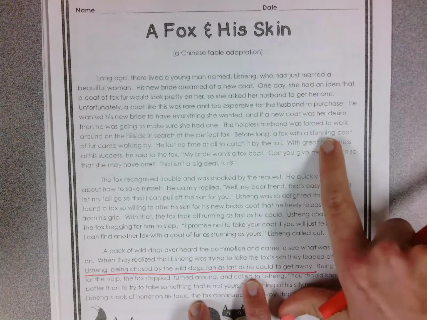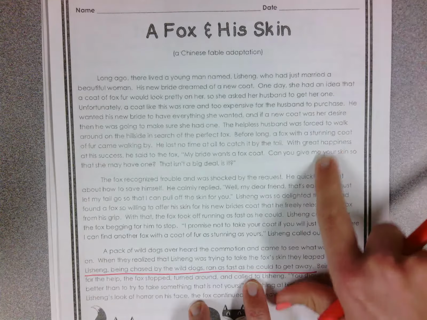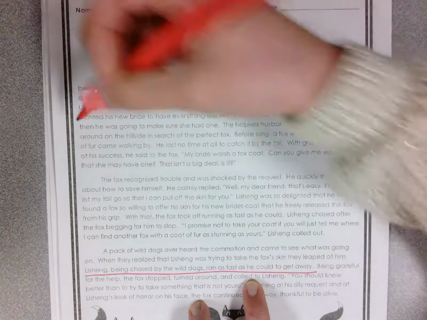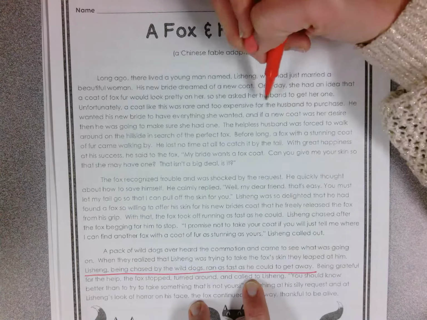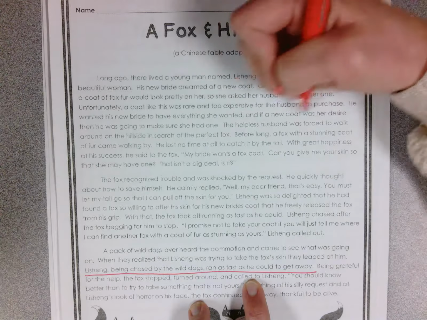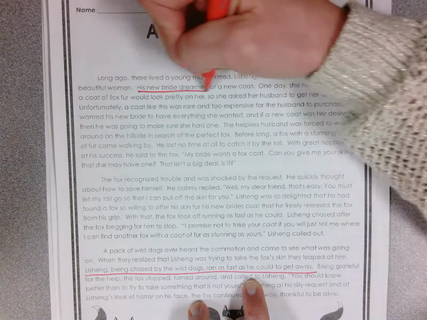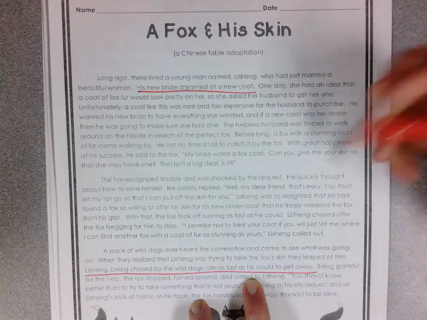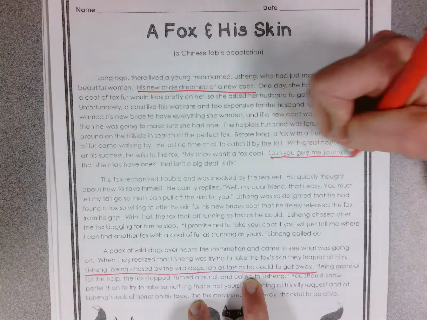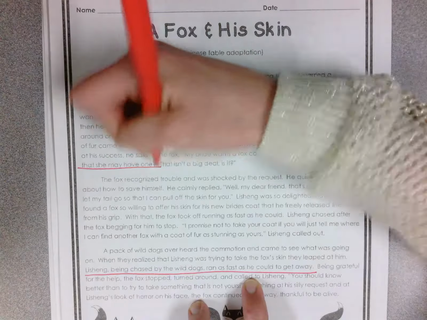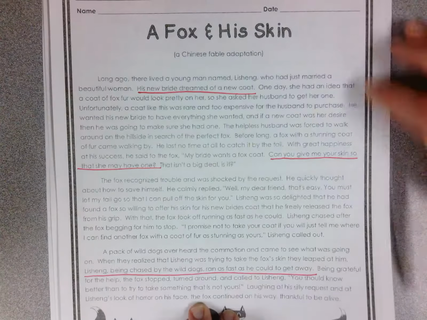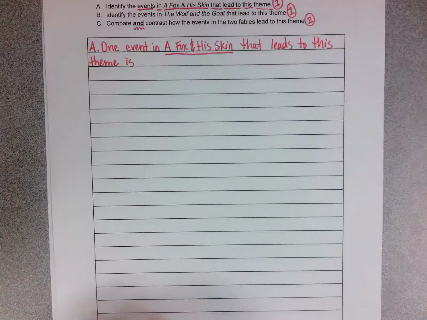So it says up here that he was trying to get a coat for his bride. I can underline anything up here that says his bride dreamed of having a new coat, he wanted a new coat from a fox, he asked the fox, can you give me your skin so that she may have one? So that's his selfishness. This is his negative consequence.